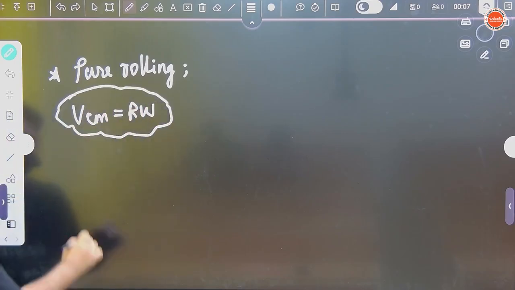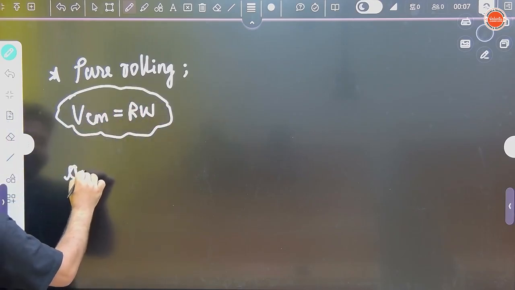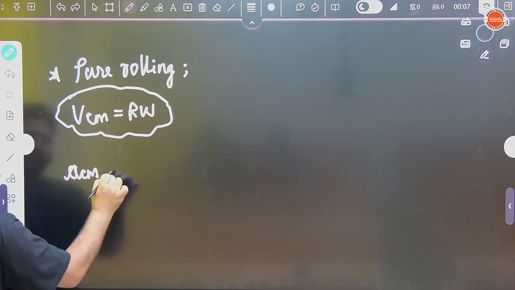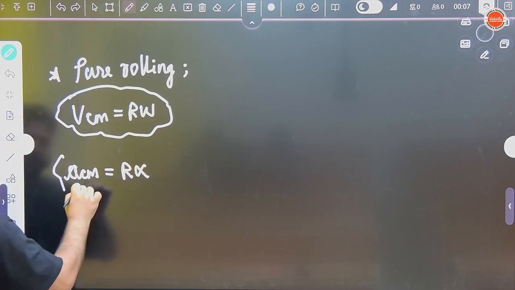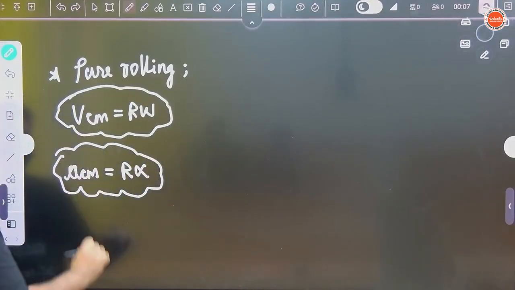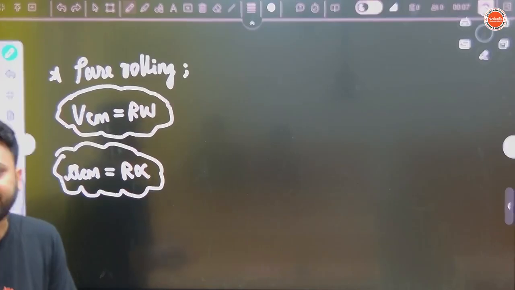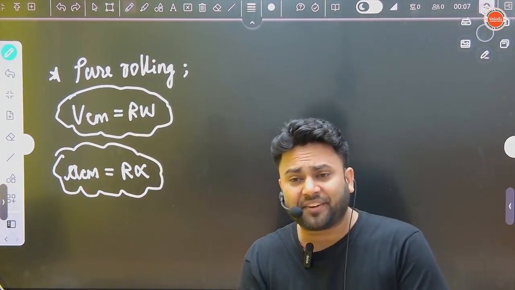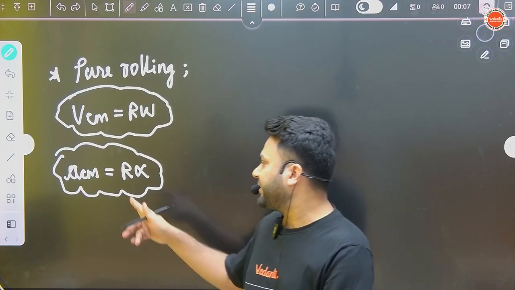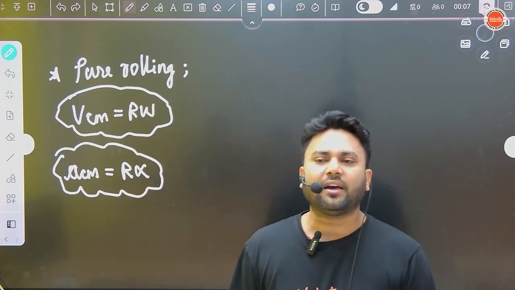And second point, the acceleration of center of mass equals r alpha, if the object is accelerating. Suppose they have given some case in which the object is accelerating. Then the acceleration of center of mass equals r alpha.